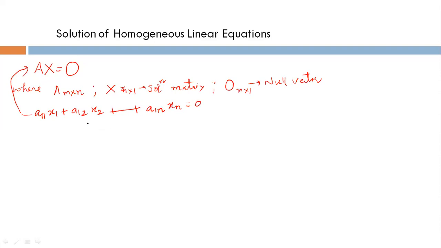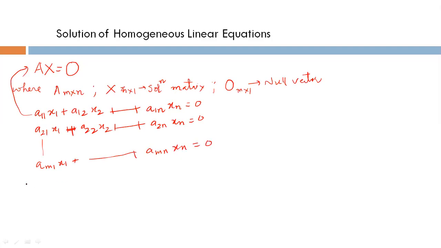Now the right side will be 0 because the B matrix is replaced by null matrix, and null matrix is a column vector of order m cross 1. a21 x1 plus a22 x2 plus so on a2n xn equal to 0, and so on am1 x1 plus so on amn xn equal to 0.